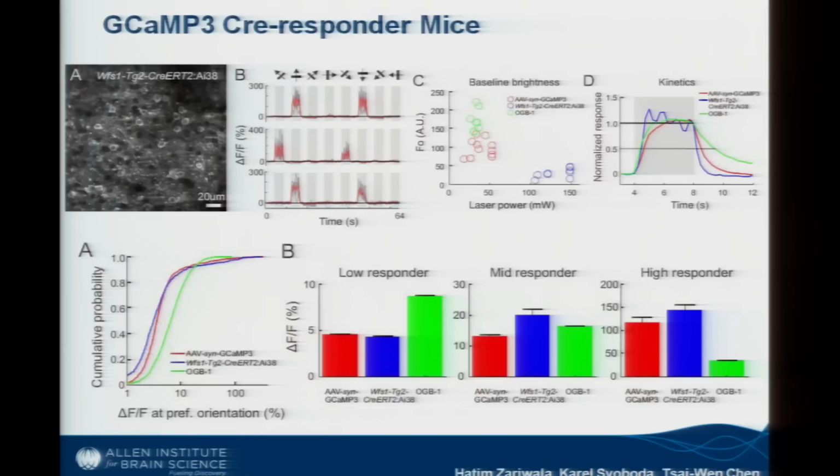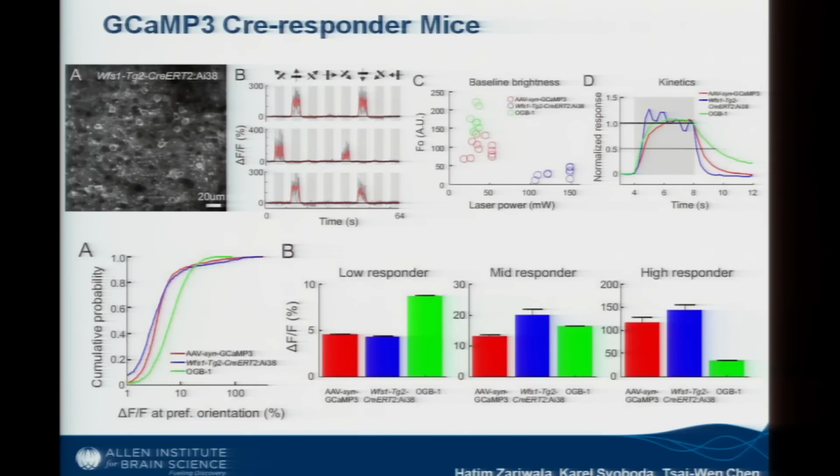I don't need to talk about the details of this work, just show that the expression of GCaMP3 in cortical layer 2/3 pyramidal neurons is very good, and cells are completely healthy over 10 months of the animal's life. You can see many neurons with very good calcium responses.